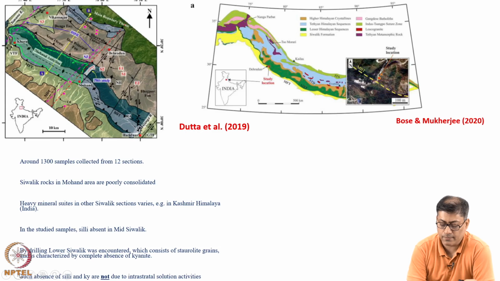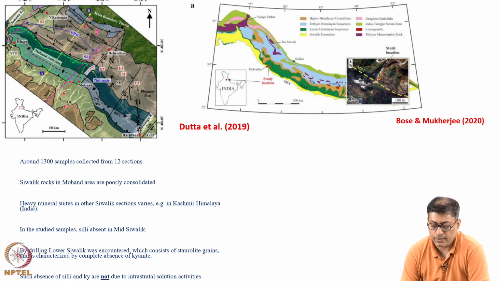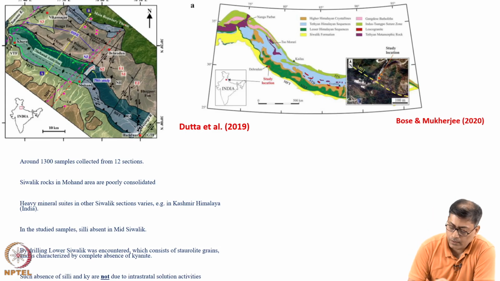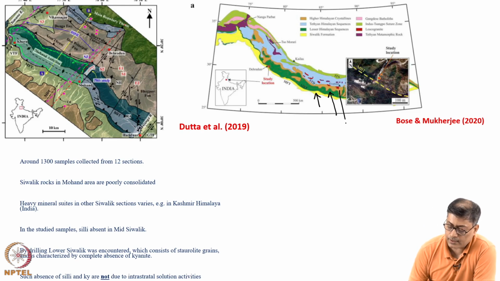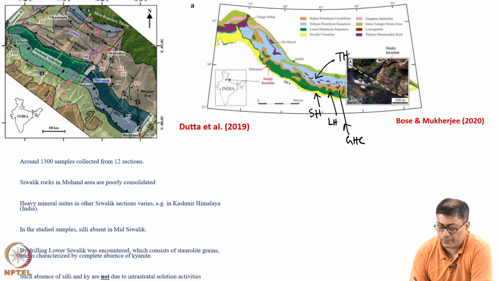First, to understand the general division of the Himalaya, this yellow unit represents the Shivalik unit, the green unit represents the lesser Himalayan rocks, this color over there represents the greater Himalayan crystallines, and this blue color indicates the Tethyan Himalayan rocks.